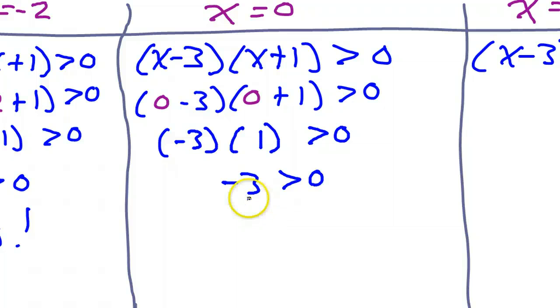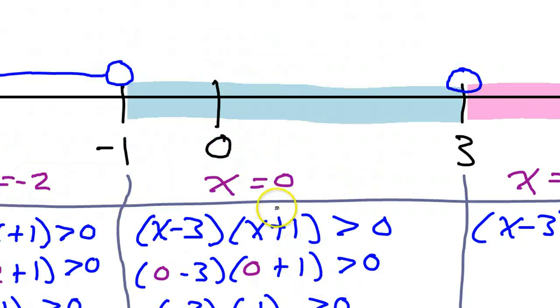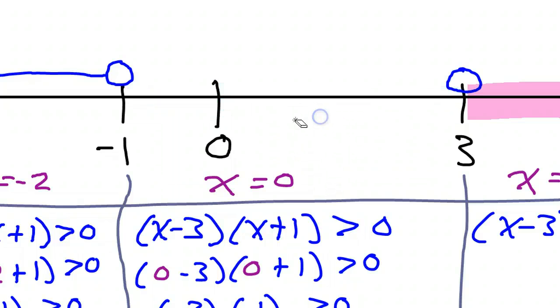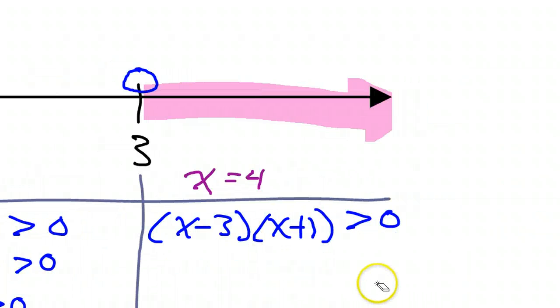And we ask ourselves, is negative 3 greater than 0? No, negative numbers are less than 0, not greater than. Boo! So that means x equals 0 is not a solution. That means that none of these values in the blue zone are solutions. So we will just leave this empty, and we will move on to the pink zone.